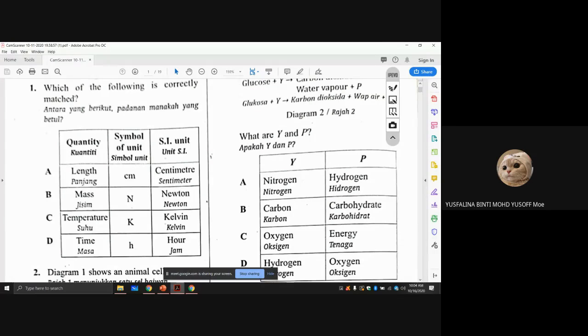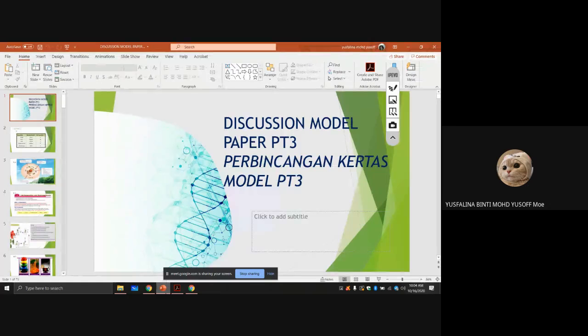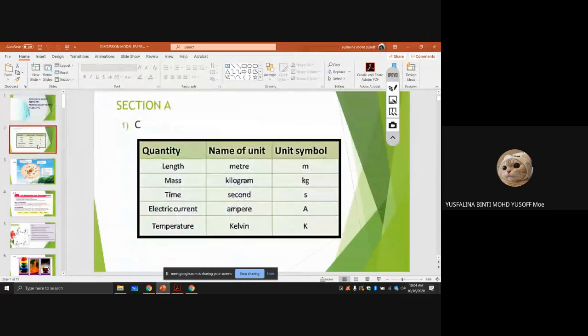In Form 1, you already learned there are 5 physical quantities that you need to remember. Length must be in meter, and the symbol must be m. Mass is in kilogram, and the symbol is kg.